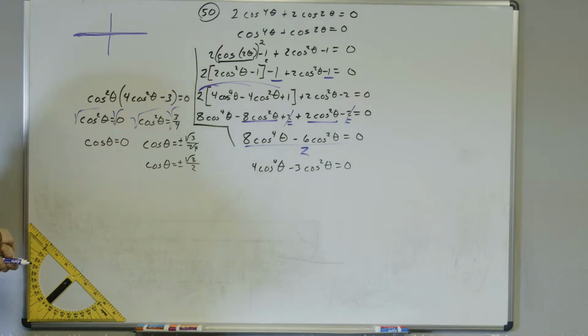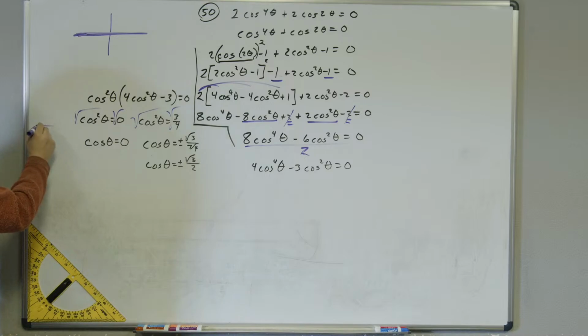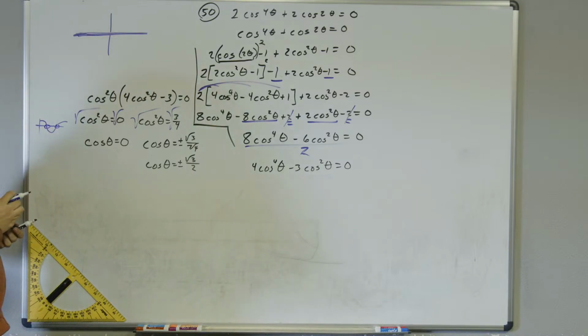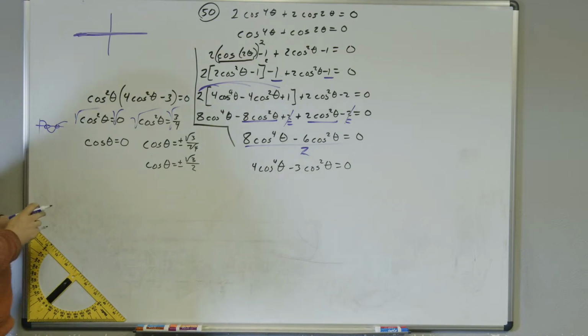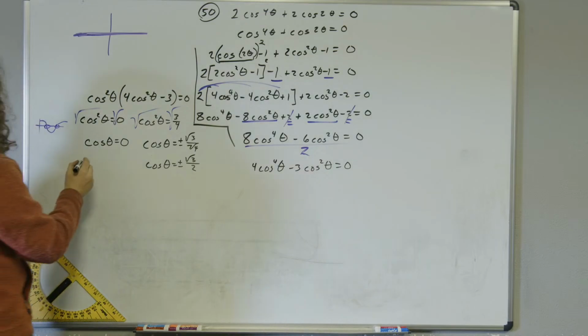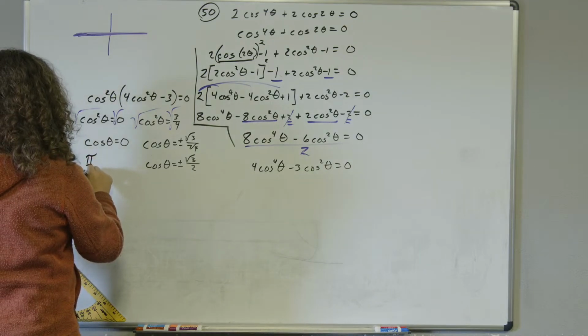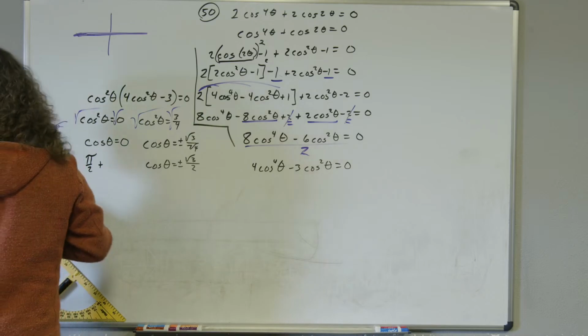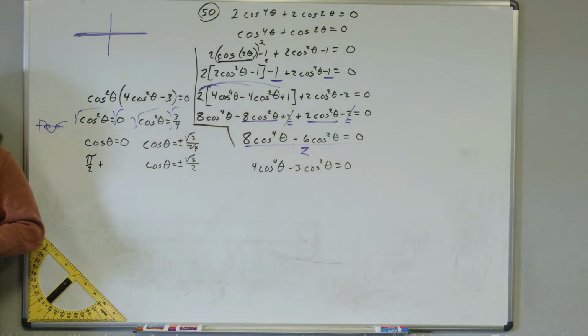Mm-hmm. Okay, so remember for the 0 and the 1, sometimes it's easier to think about this. Where is it 0? Pi over 2 and 3 pi over 2. So for this one, pi over 2 plus something. Pi. Yeah, because it's both of those.